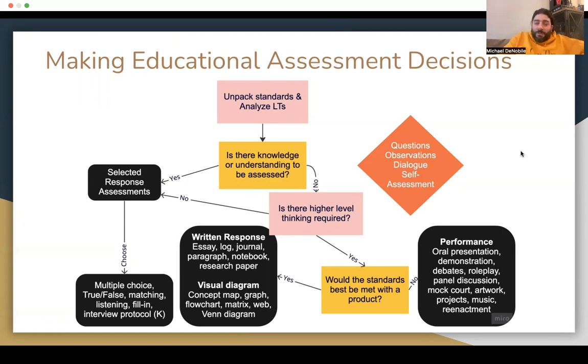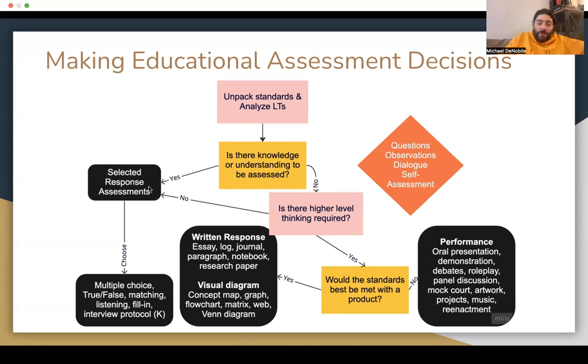So anyway, after we've unpacked our standards and we analyzed our learning targets, we ask the question, is there knowledge or understanding that needs to be assessed? If the answer is yes, most likely, if it's knowledge and understanding and not application of that knowledge and understanding, then we could probably use selected response assessments.